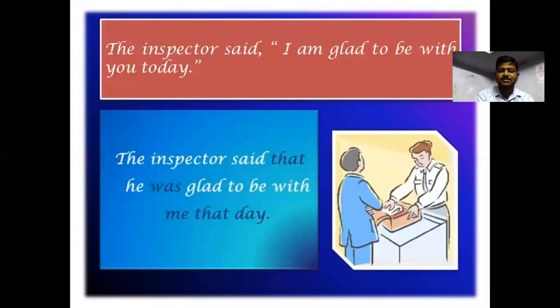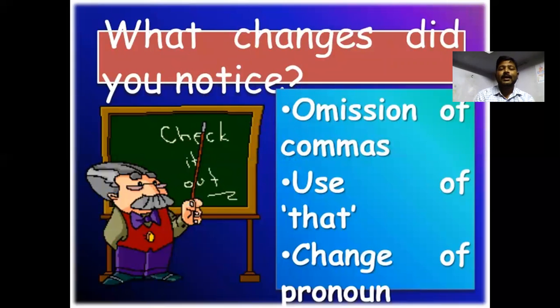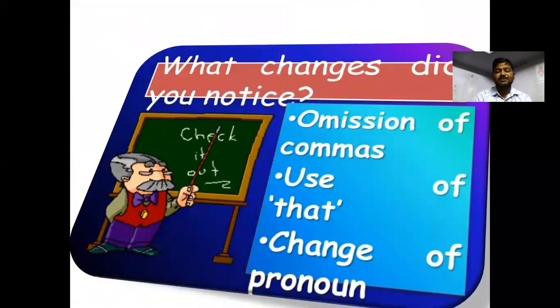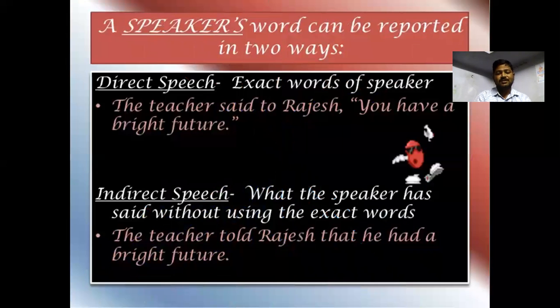And today becomes that day. And what are the changes did you notice? Omission of commas, use of that, and use of pronoun. Just you have observed here. And another observation is the use of that and the changes we observed.